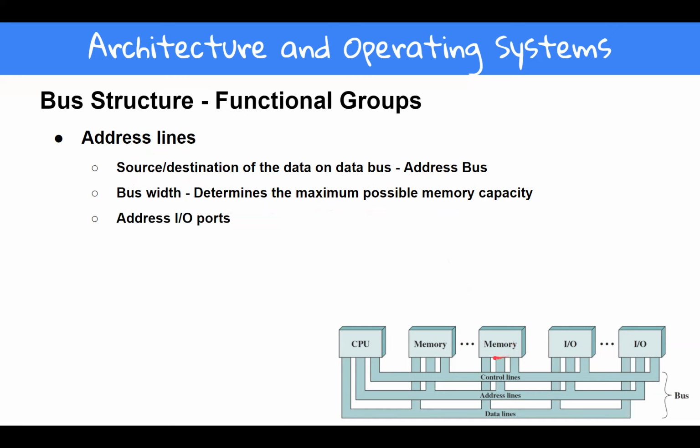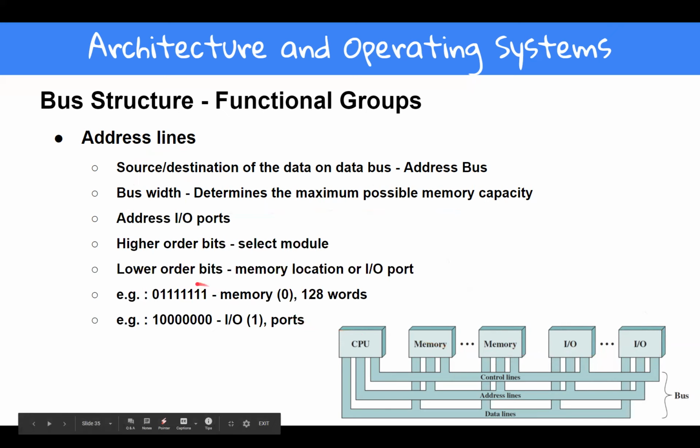Also, the address bus is important for input-output devices. I told you about the ports. So, for example, we address in this way that we want to send it to the input-output device or the memory. The higher order bits usually select the modules. For example, this first one: if it is 0, it shows that it is the memory. If it is 1, it means that it is the ports for output or input. So 0 goes to the memory, to this specific address.